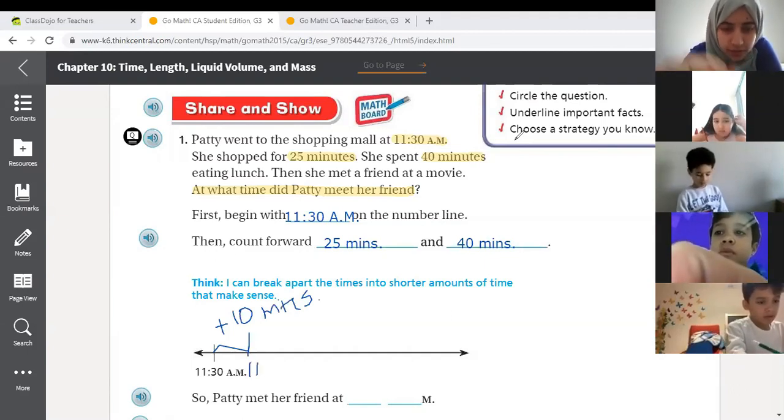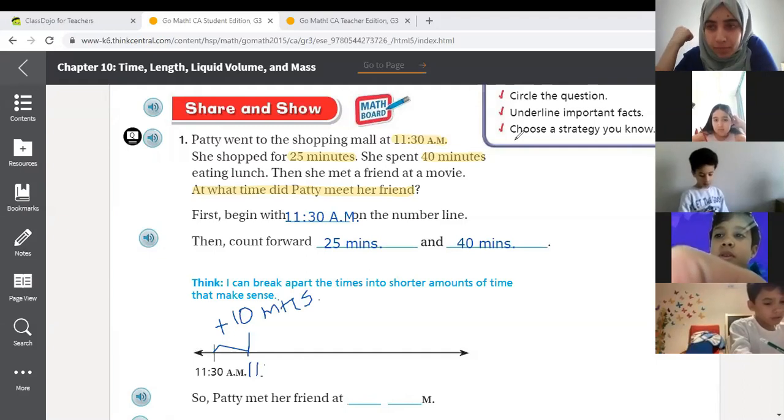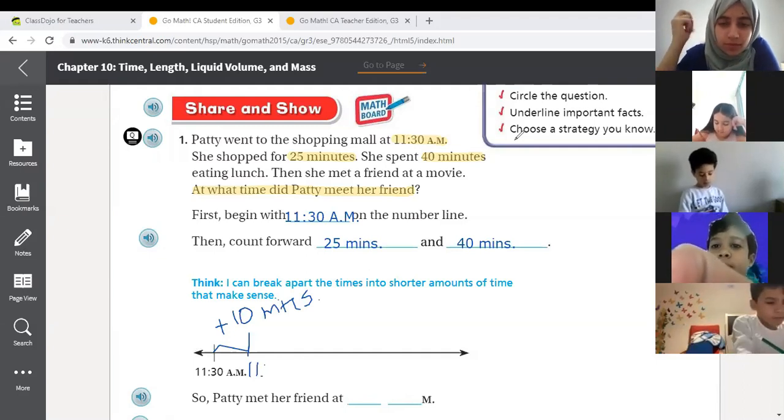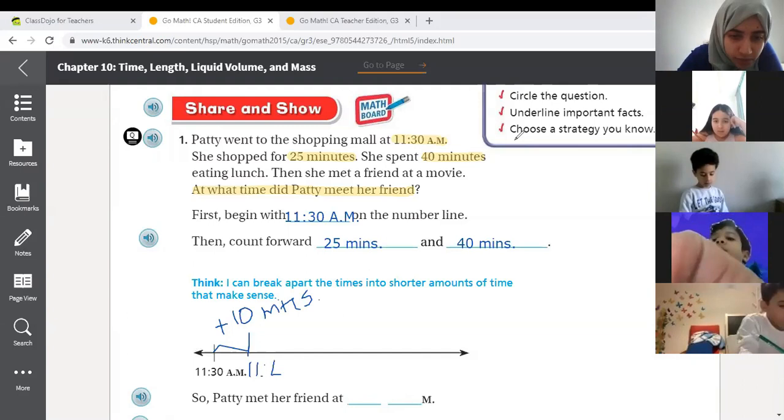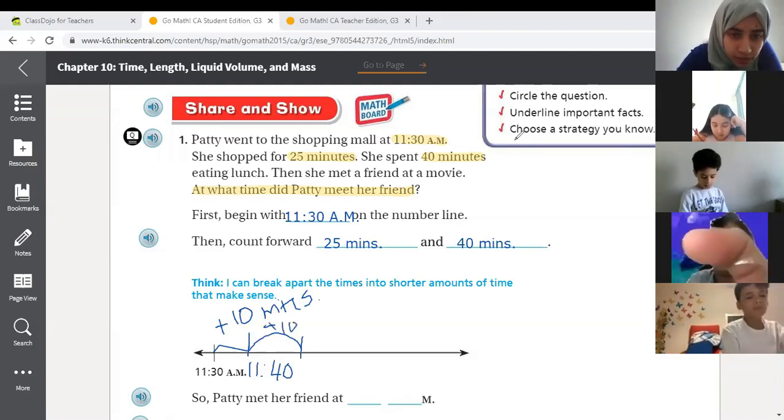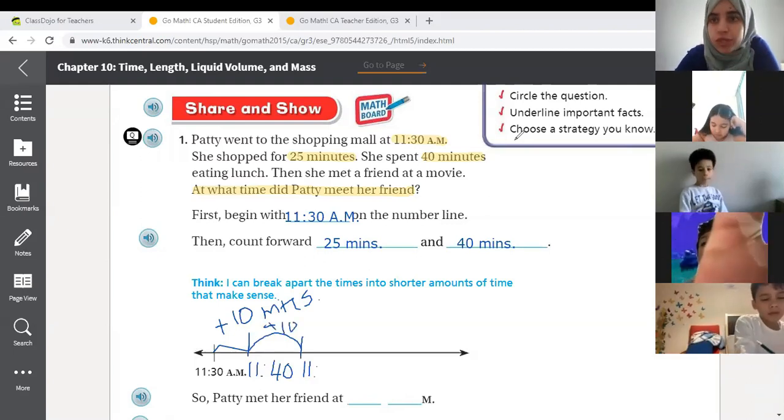So 30 plus 10 is 40. So I will have 40 minutes after 11. And I need to count again up by 10. So plus 10, 11:40 will become, what's 40 plus 10?